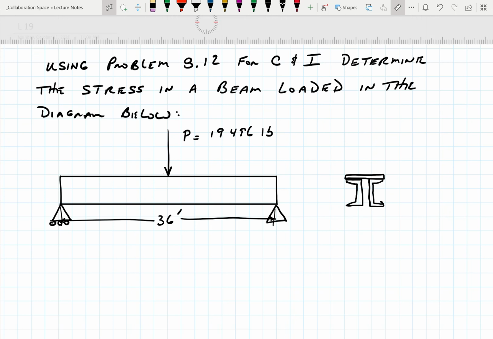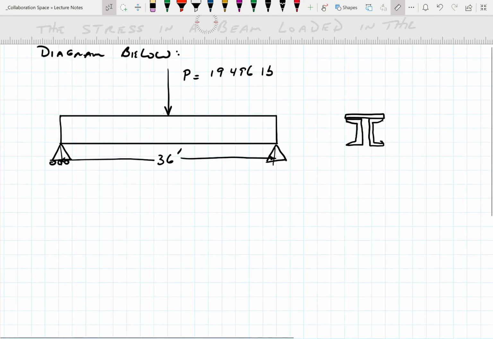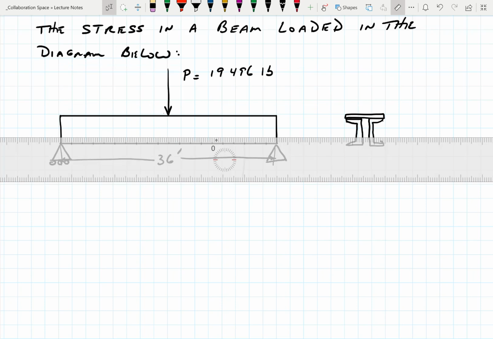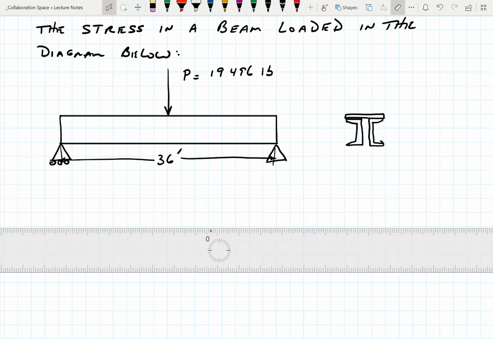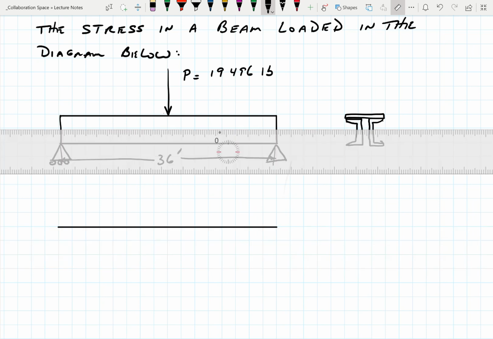All right, so very first thing. Free body diagram, correct?